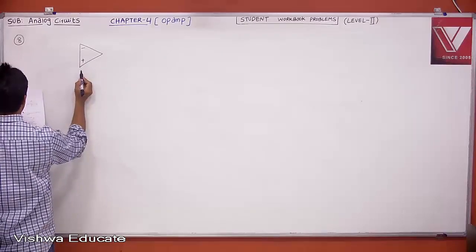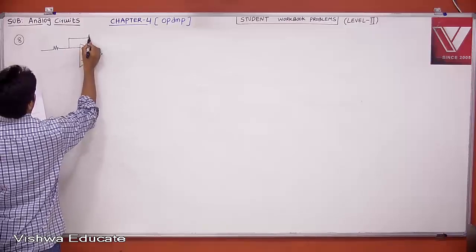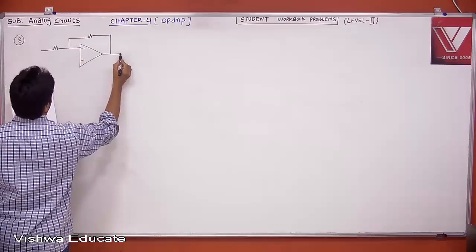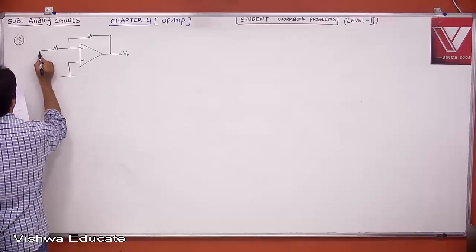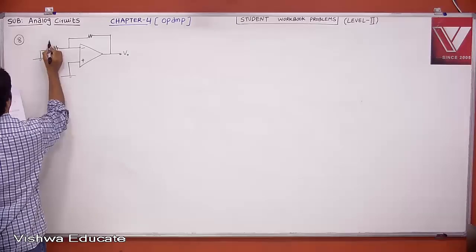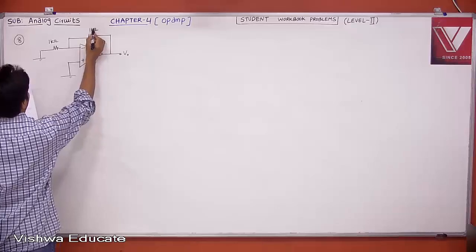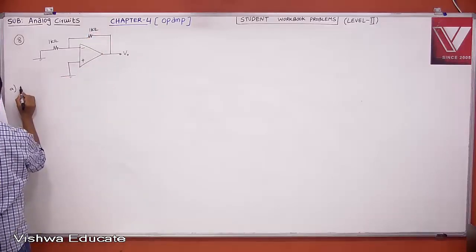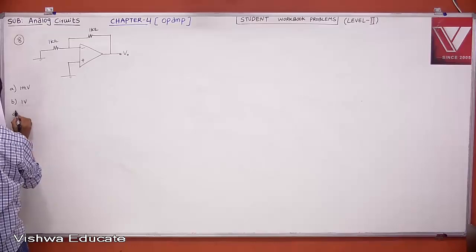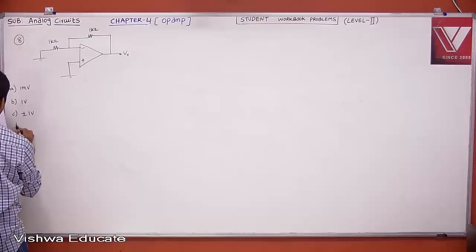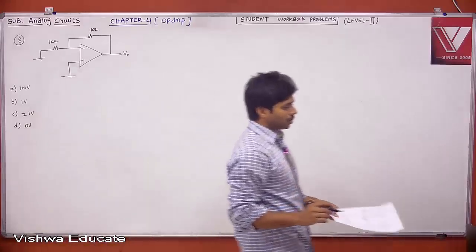Select the nearest value. Okay, that's fine. Option A 1 millivolt, option B 1 volt, option C plus or minus 1 volt, option D 0 volt. Okay, first of all, what is offset?